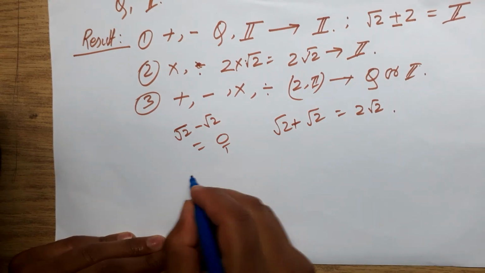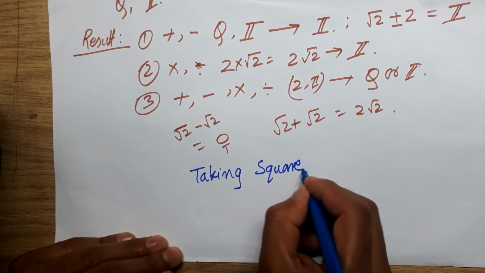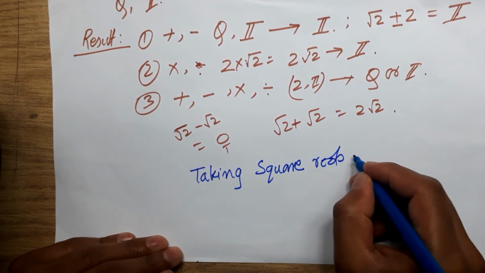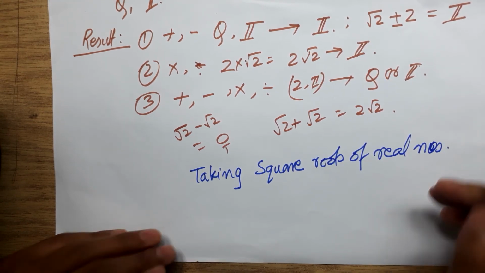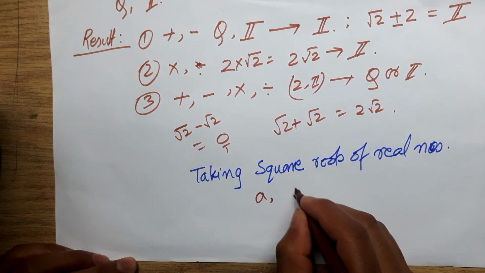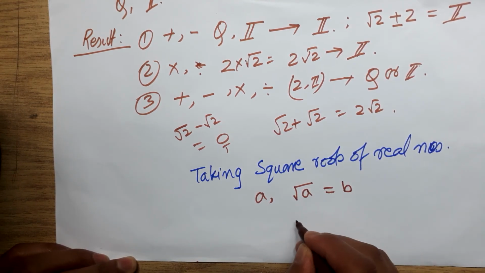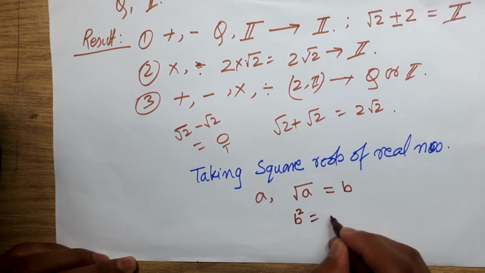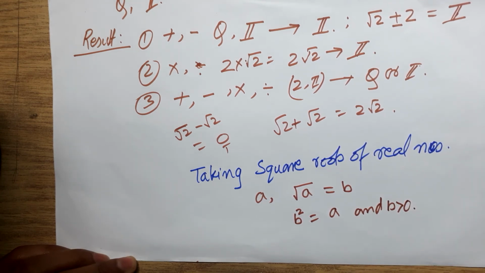Okay, now we will look at the next operation, that is taking the square root of real numbers. When we take the square root of a real number, what will happen? Now recall that if a is a natural number, then square root of a equals, suppose, b. Meaning b square equals a and b should be greater than 0.